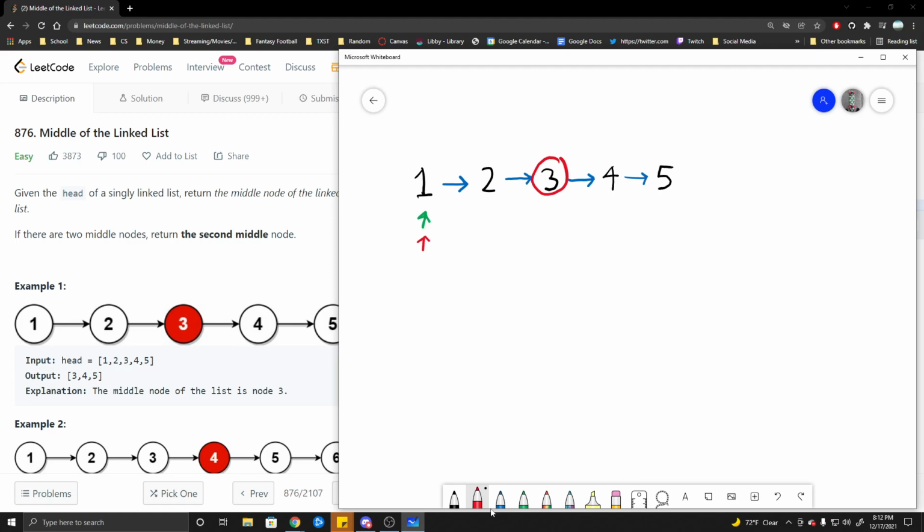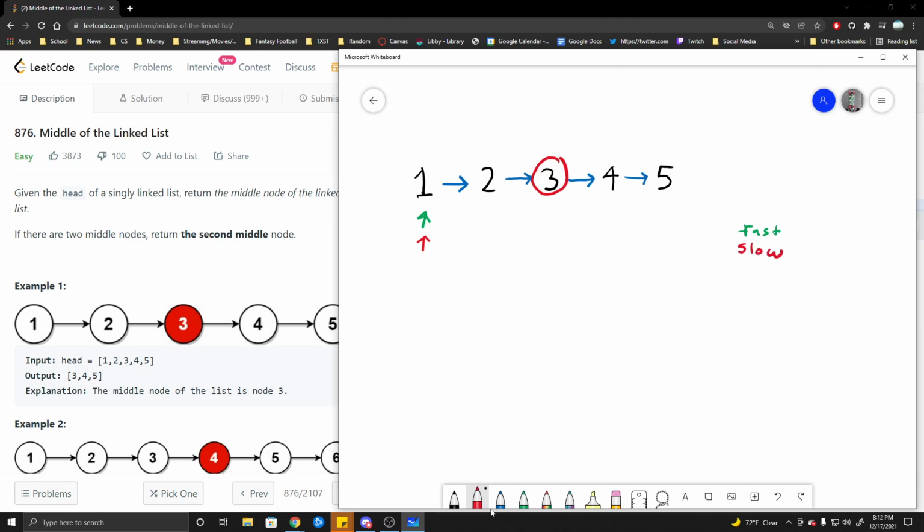We increment the fast by 2 and the slow by 1. The green is fast and the red is slow.